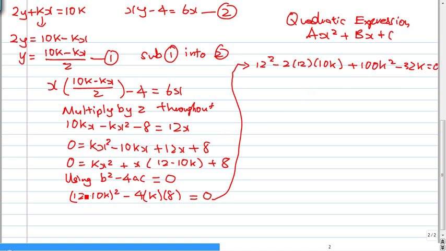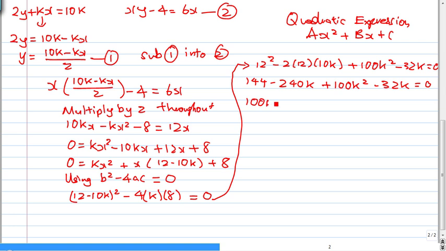Okay, a squared minus 2ab, okay, 12 and 10k, plus b squared is just 10k squared, which is 100k squared. 4 times k times 8 is 32k, and since there's a negative sign, we put a negative sign here. Simplify this. 144 minus 240k, 2 times 12 is 24, 24 times 10 is 240k, plus 100k squared minus 32k equals 0. Further simplify it.